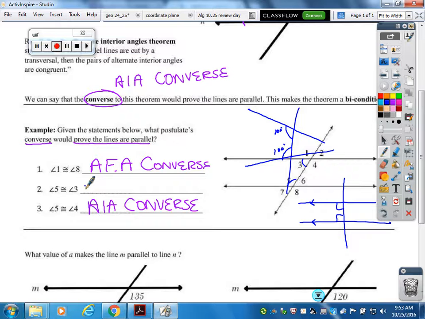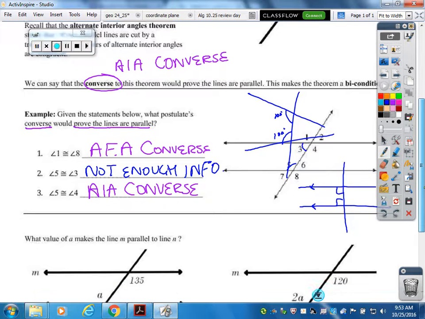So this isn't enough info. You won't generally get a trick question like this. Just threw it in here to get you thinking. So consecutive interior angles only works if they are perpendicular, if they're both 90 degrees.